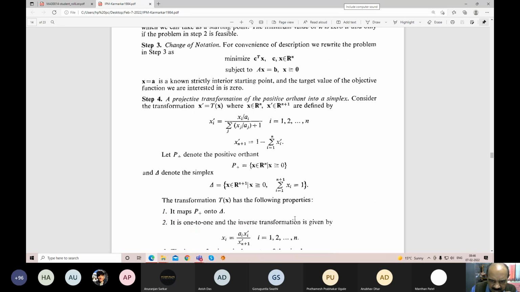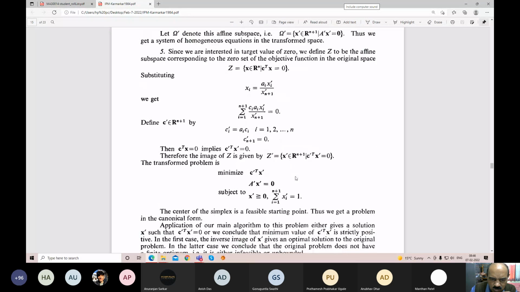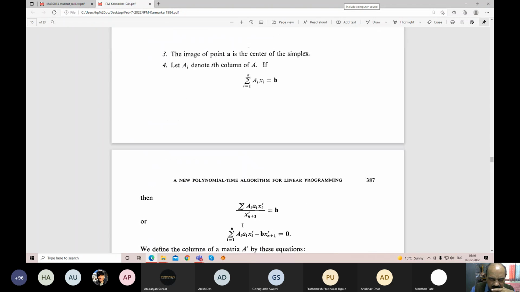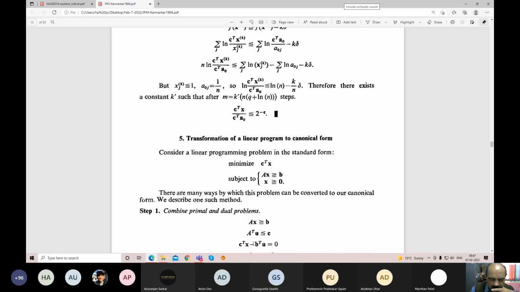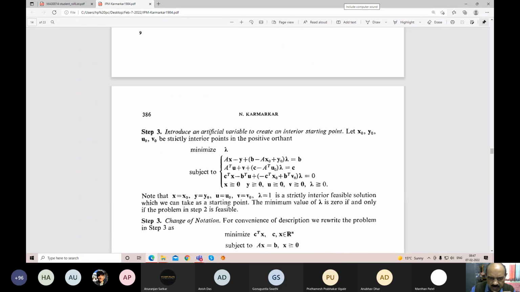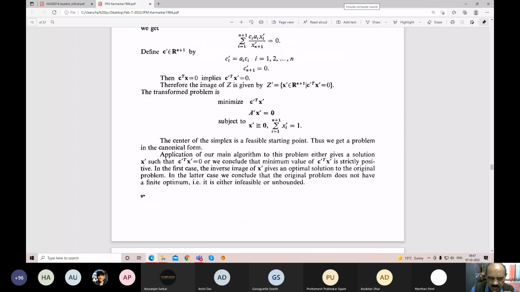If you apply the transformation, the problem will come to the canonical form. After all the transformation, it comes like this. This is the canonical form for any linear type problem. You want to make it canonical. We have to explain this canonical form by means of an example.